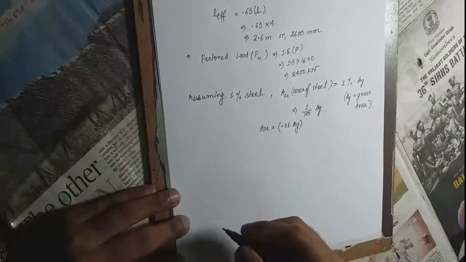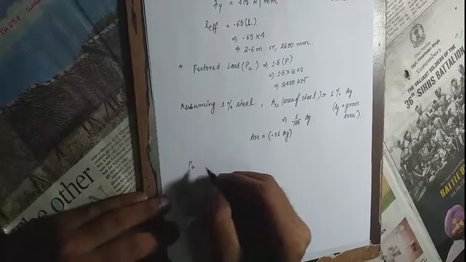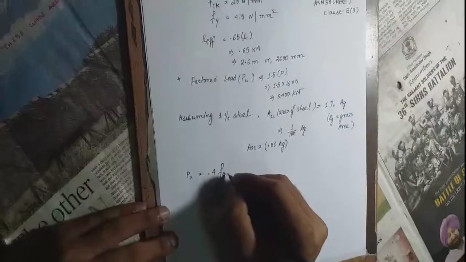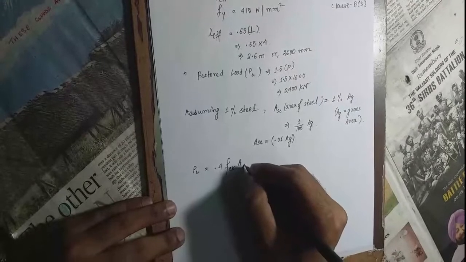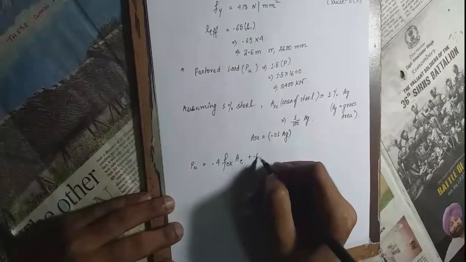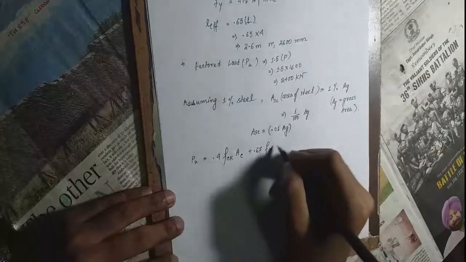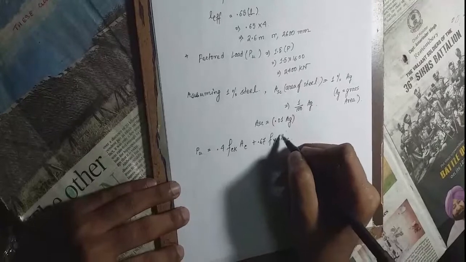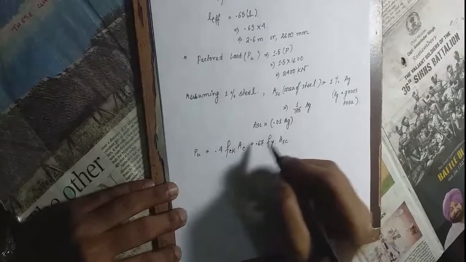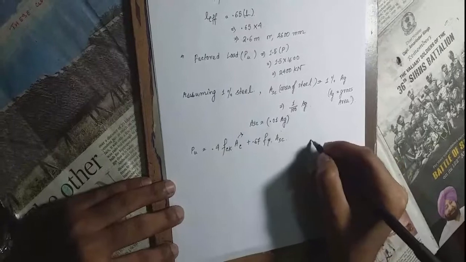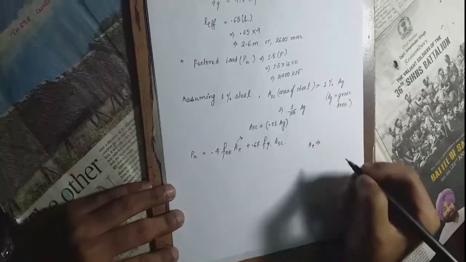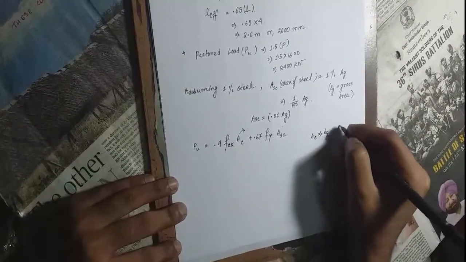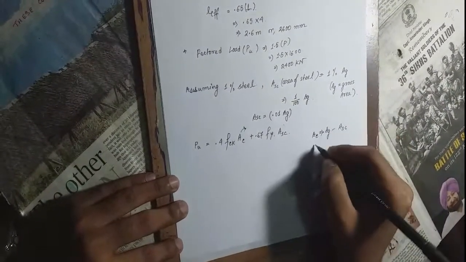The main equation is PU, the factored load, equals 0.4 of FCK into area of concrete plus 0.67 into Fy into area of steel. Here we have the area of steel, but unknown to me is the area of concrete. We can take the area of concrete as the gross area minus area of steel.